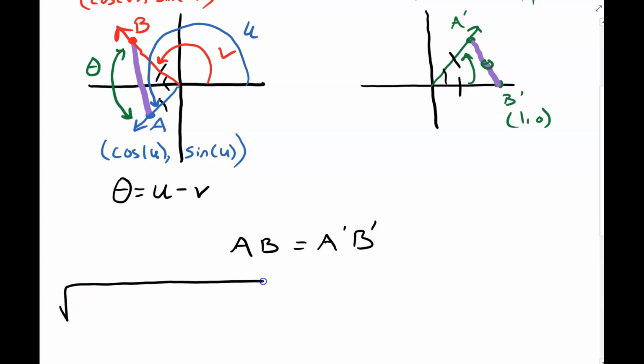So for AB, we're going to have x2 minus x1 squared plus y2 minus y1 squared.